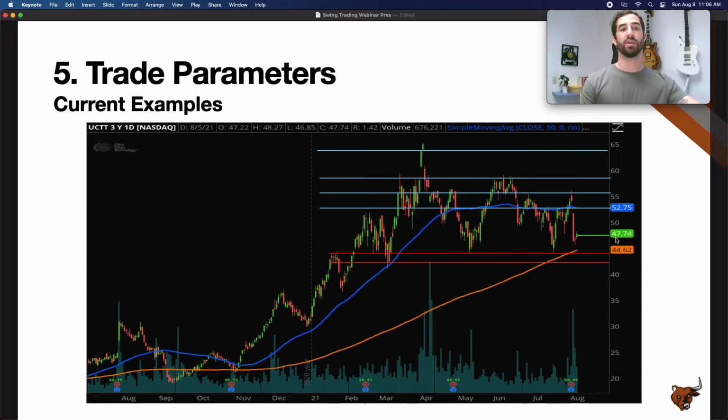So let's continue. We go in at 47, and let's say I'm going to go in with half position, in case this thing goes down to 45. I'm going to finish buying, and then I'm going to have a total average price on my total position of about 46, because I bought half at 47, and in case it drops down to 45, I buy the second half. So I'm going to have a total average price of 46 with a stop loss.